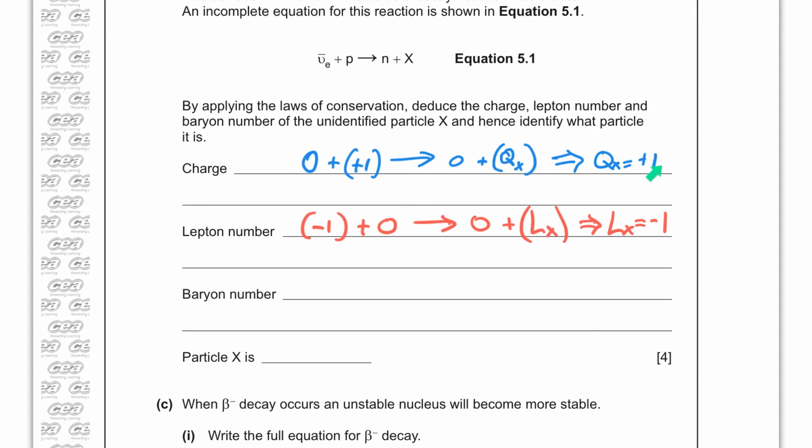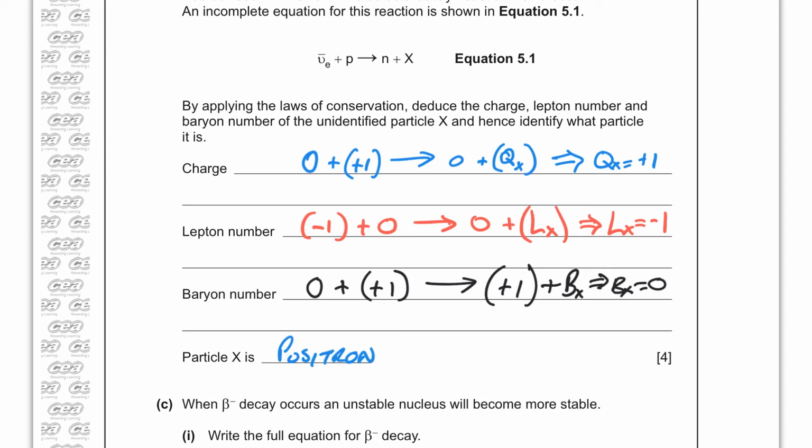So we're already looking at a positively charged antilepton. So let's do the baryon numbers. The lepton isn't a baryon, so 0 here, +1 here, +1 here, and then we'll have to figure out X. You can see from that B of X would have to be 0. So the most obvious positive antilepton would be the positron. And again, this is just following through very basic rules, so these are easy marks if you know your properties.